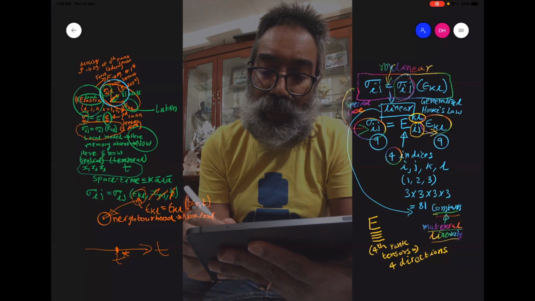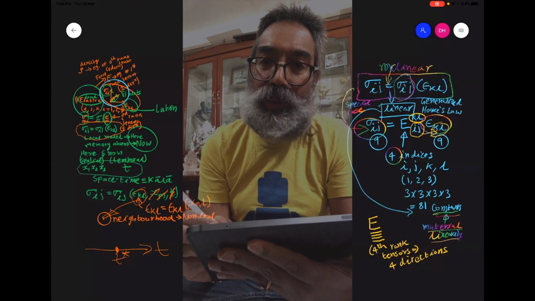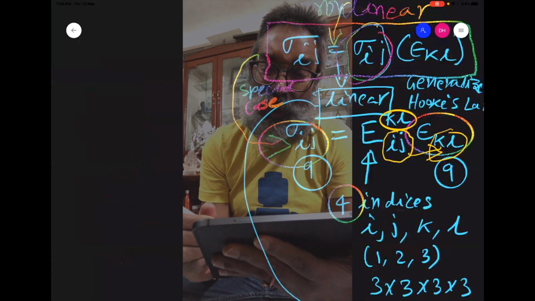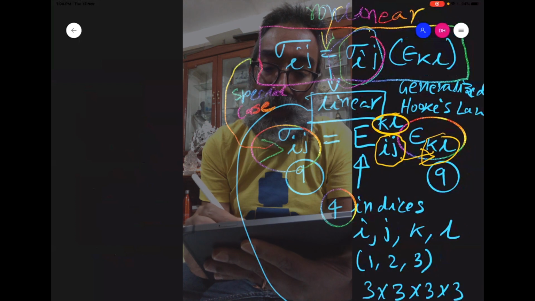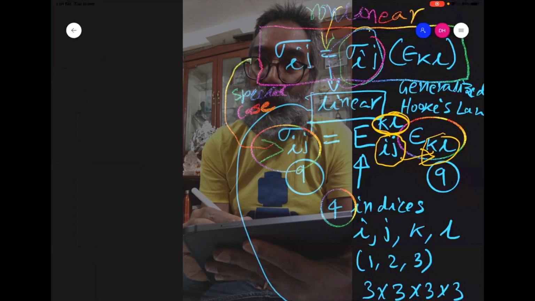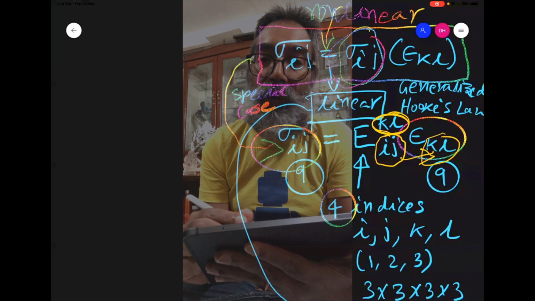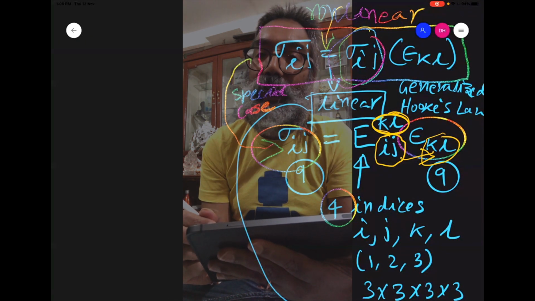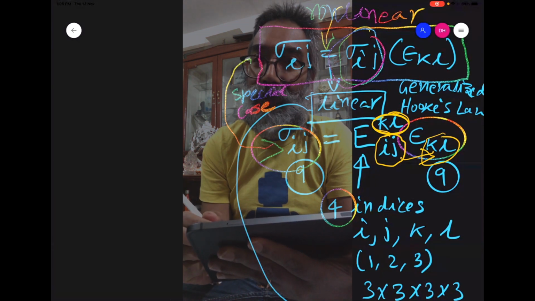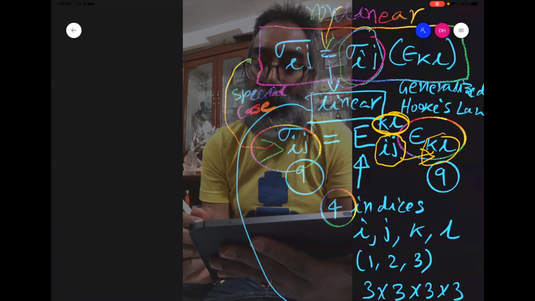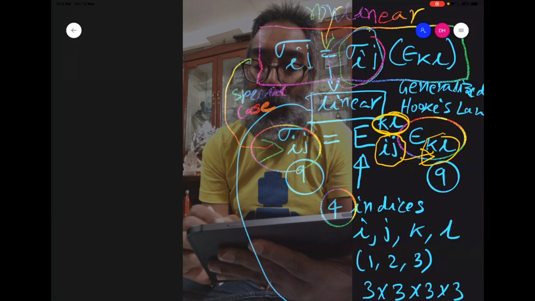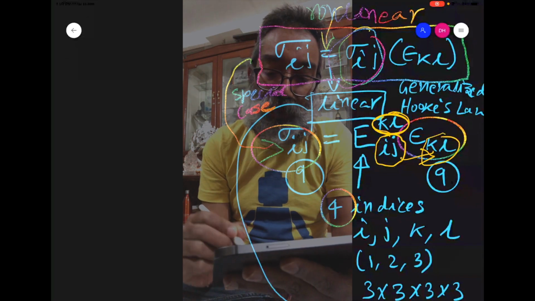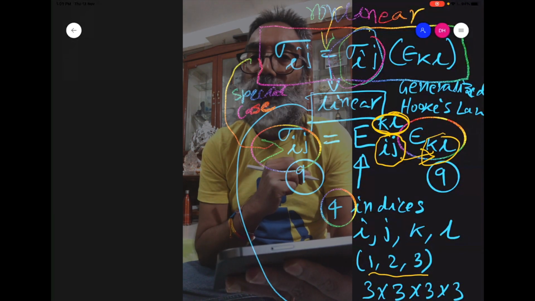So you see that this KL that is there in the strain is having subscripts rather than superscripts, whereas this KL is having superscripts for the E. So when you have repeated indices, those repeated indices indicate that there is an implied summation over that repeated index. In other words, you are going to have these K and L summed over their ranges, which is 1 to 3.